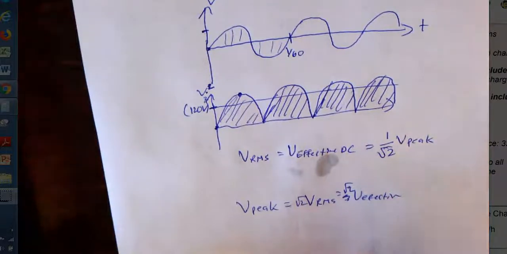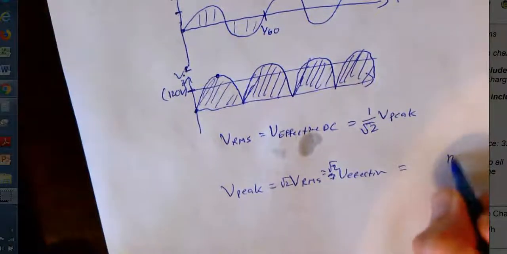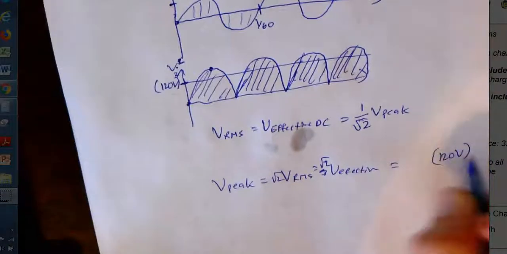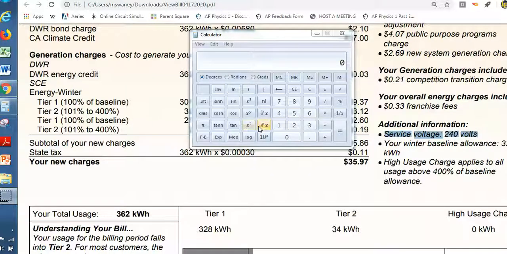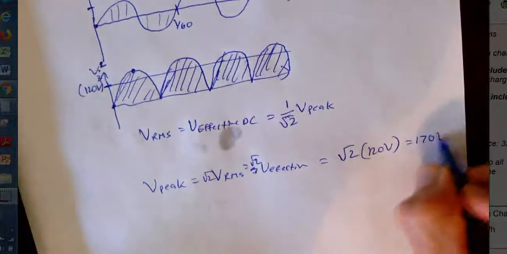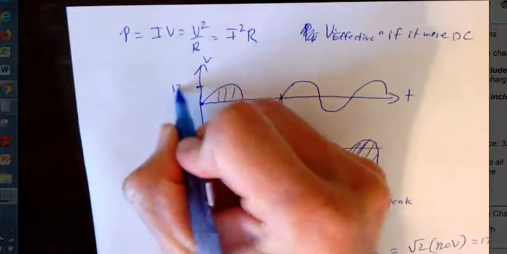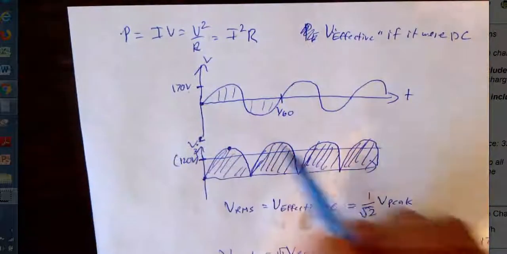We are told that V effective is 120 volts, and that's often quoted. If you multiply 120 by root 2, it's about 170 volts, which is the peak. So this up here is really 170 volts for this peak.